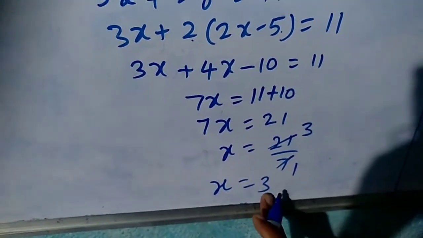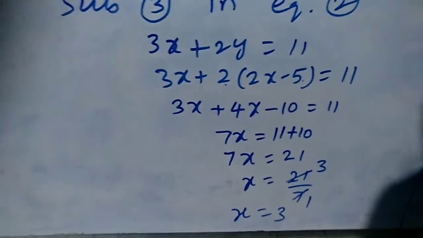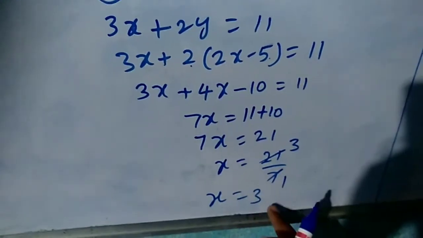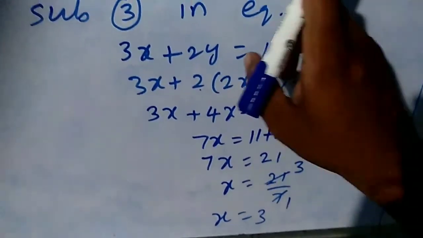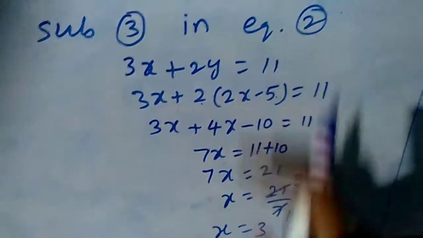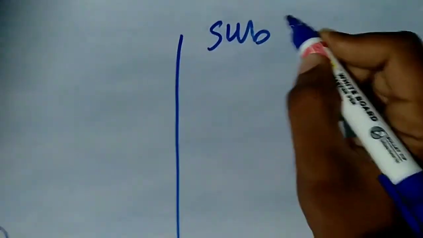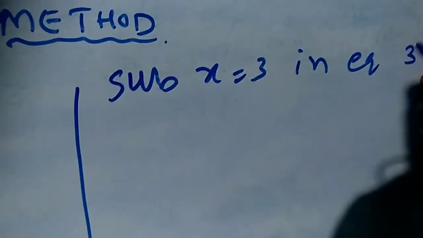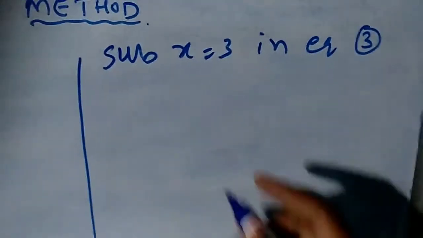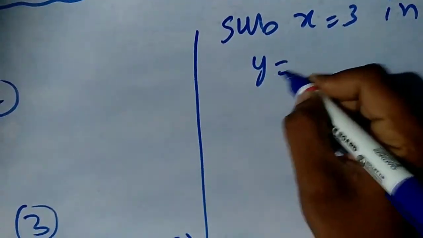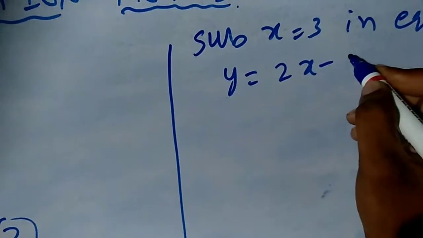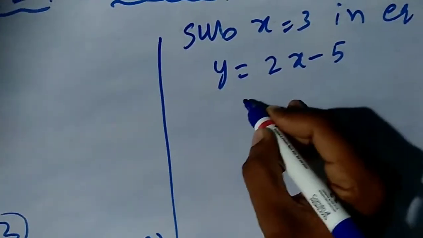So substitute this x is equal to 3 in equation number 3, and we get the y value. y is equal to 2x minus 5.